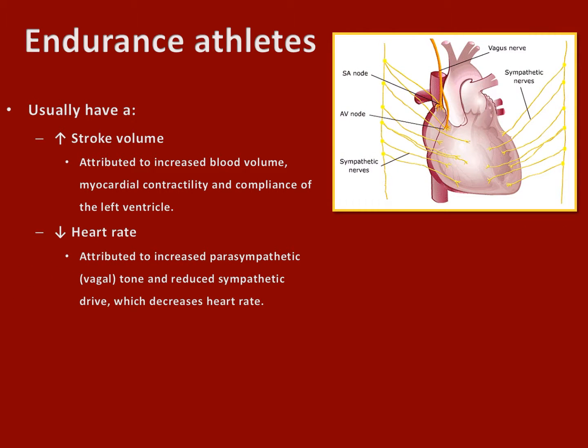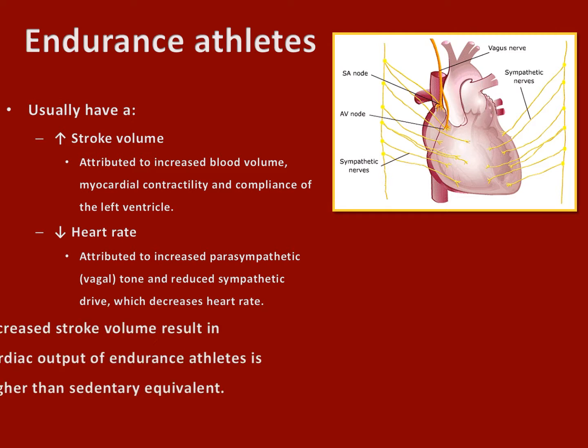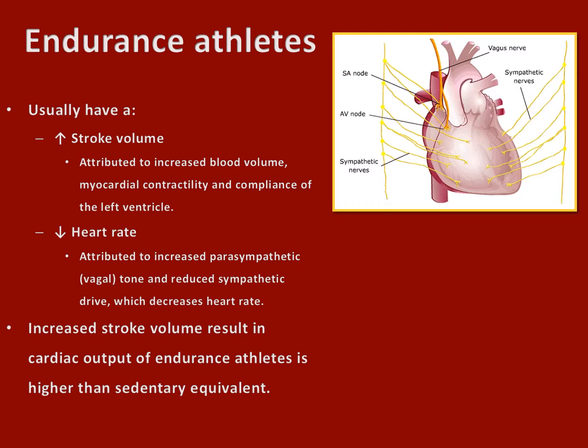The lower heart rate can be attributed to an increased parasympathetic tone and a reduced sympathetic drive, which lowers the heart rate. Very important: this increased stroke volume is the main cause of endurance athletes' high cardiac output during exercise.